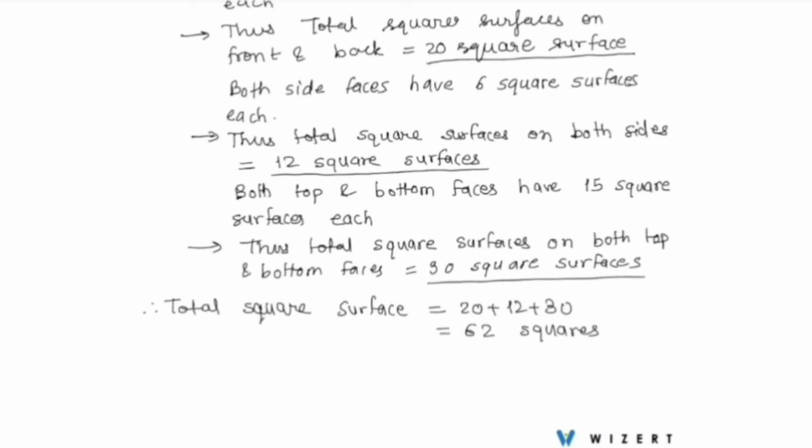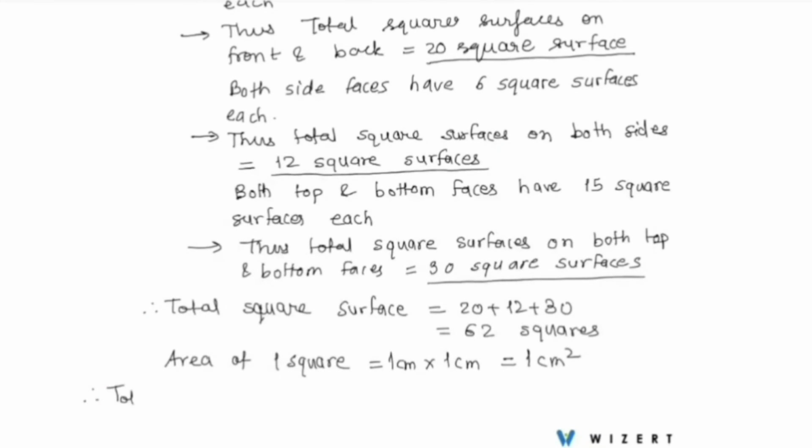And since each square has 1 centimeter by 1 centimeter dimensions, we have area of 1 square equal to 1 centimeter multiplied by 1 centimeter, because area of a square can be given by side multiplied by side. So this is equal to 1 centimeter square.